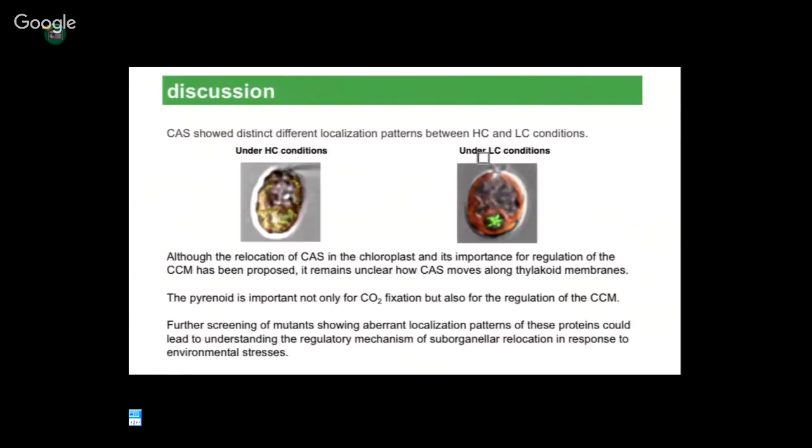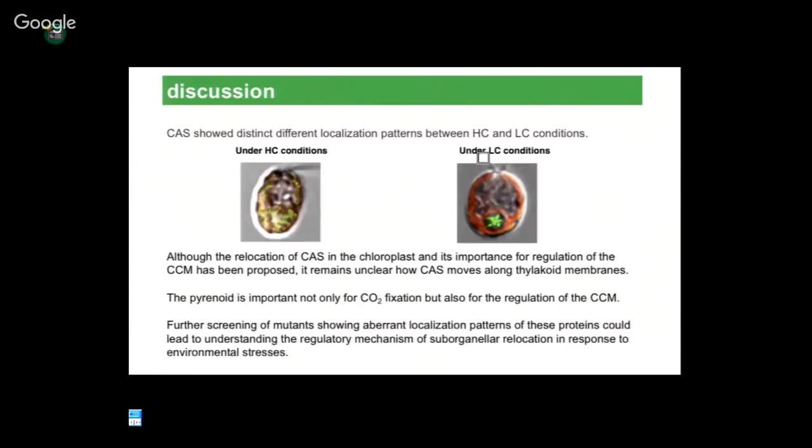It's because this protein can bind calcium selectively, but the movement itself needs some component, for example actin or some filament, because the pyrenoid is surrounded by a lipid membrane. So the direction should be determined from the inside of the pyrenoid.